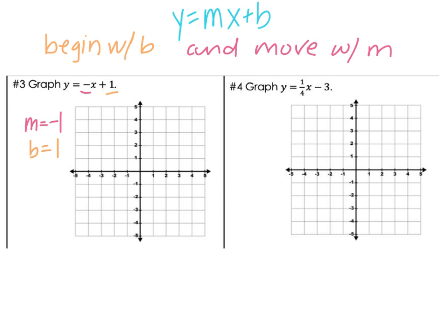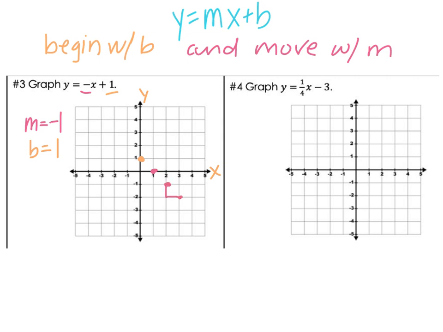And we begin with b by plotting our y-intercept on our y-axis. b is right there. And we're going to move with m to get our other points. So negative 1 means we're going down 1 and right 1, down 1 and right 1.